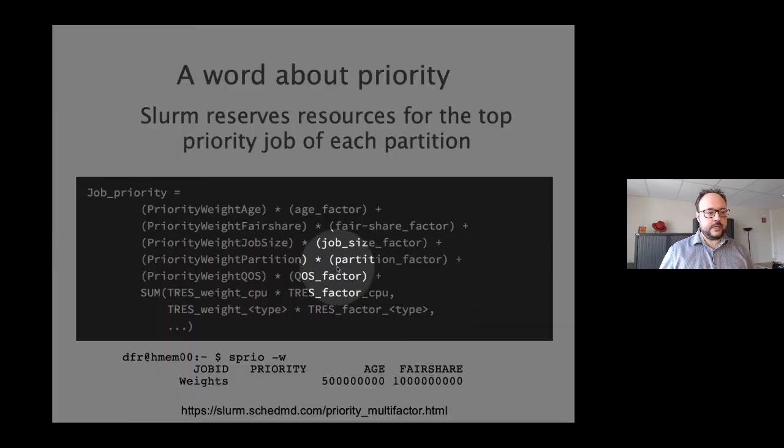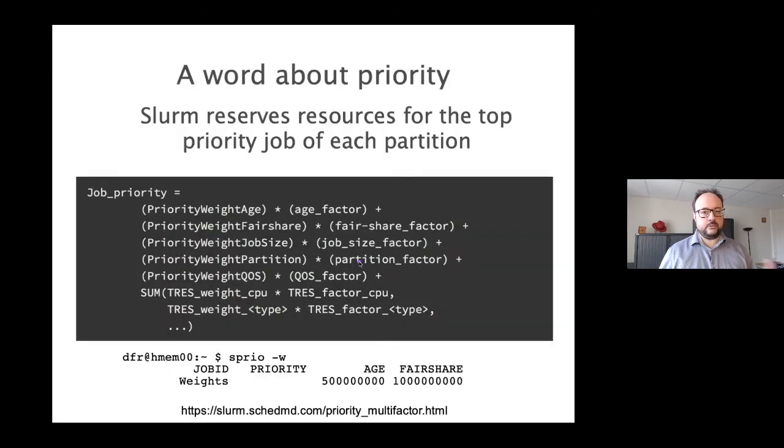And then you can also have a partition factor, so depending on which partition you submit your job, the priority could be different, and also a QoS factor, quality of service. Typically the quality of service is used to give some jobs a priority boost, typically on hardware that has been paid for by a specific group. They get a QoS to access those specific computers with a higher priority.